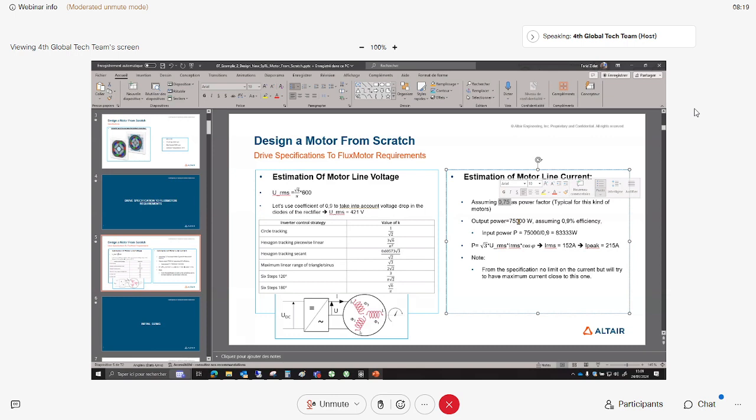Remember, we said previously that this kind of machine suffers from the inductive part, and this will degrade the power factor. That's why we usually limit the number of poles of this machine, to limit the inductance and to limit the reactive power.